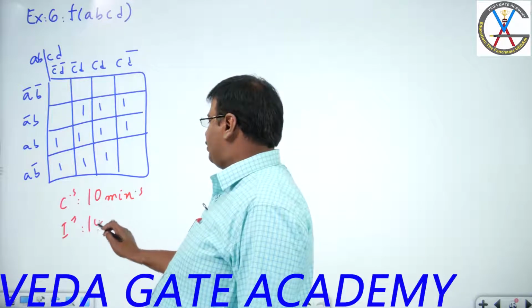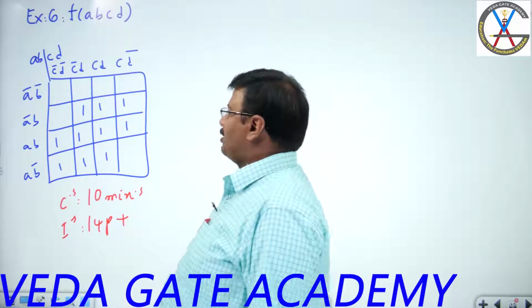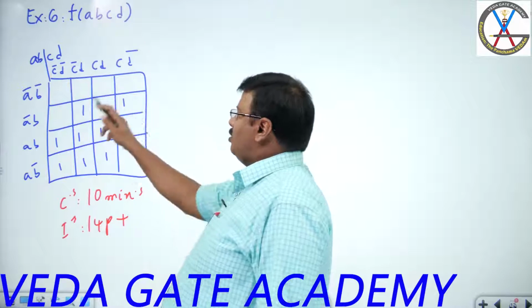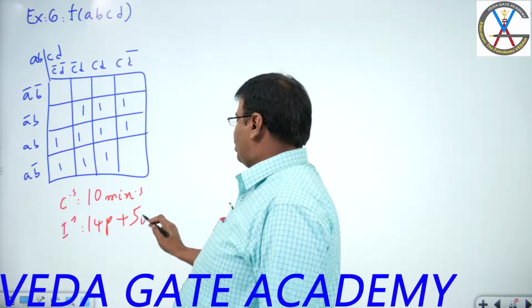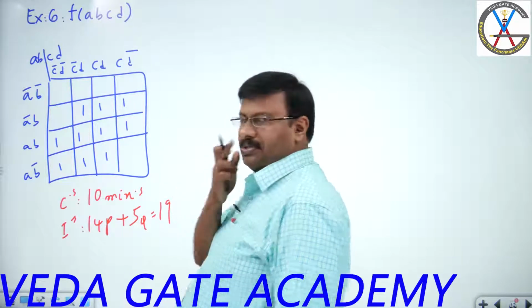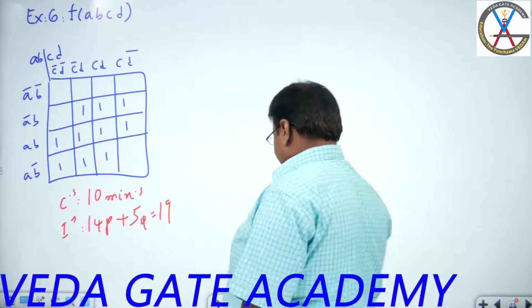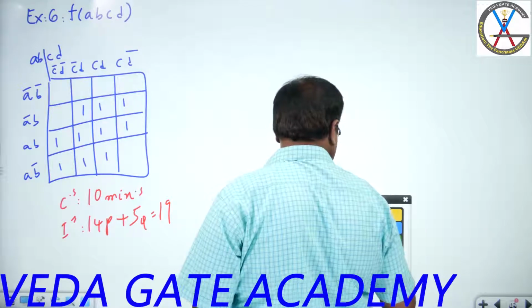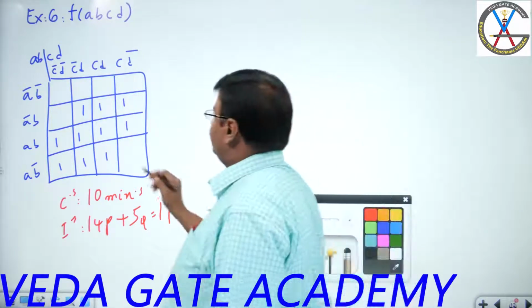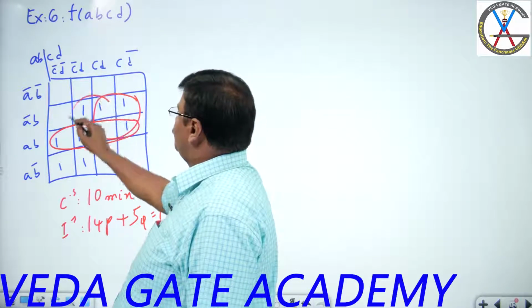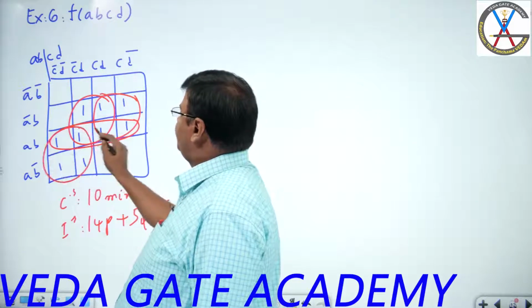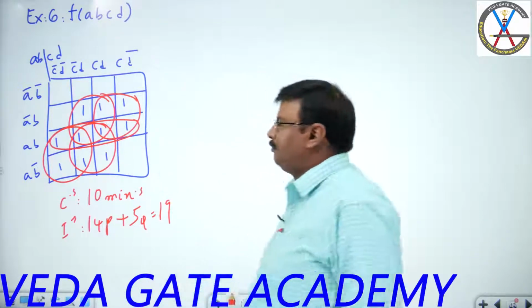So 14 pairs, plus how many quads? 1, 2, 3, 4, 5. Five quads and no octet. So 19 implicants. Correct? And just mark it.